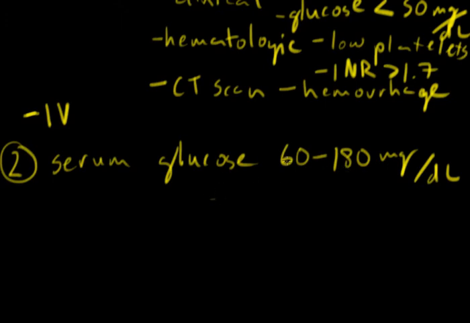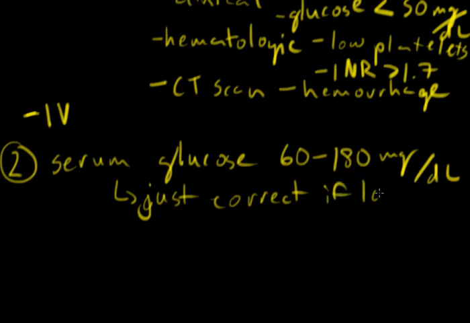You want to rapidly correct this if it's too low, but studies have shown that adding IV insulin doesn't help if glucose is too high. So just correct if low. Hopefully they're not hyperglycemic, but IV insulin hasn't been proven to be effective in increasing or decreasing mortality rates.